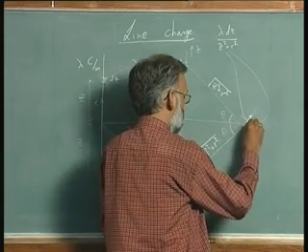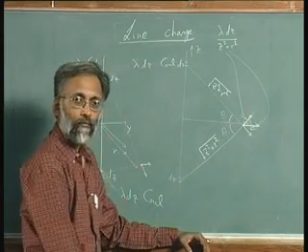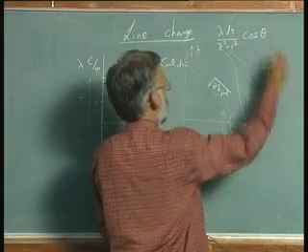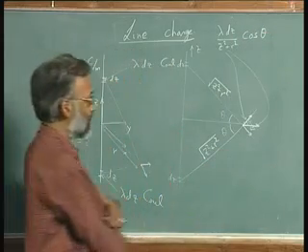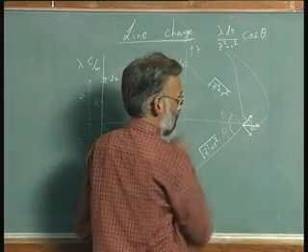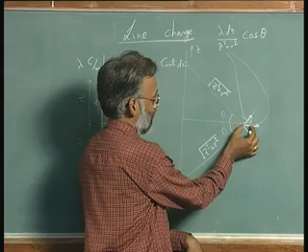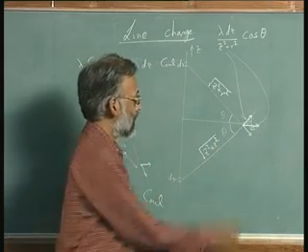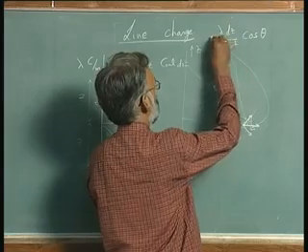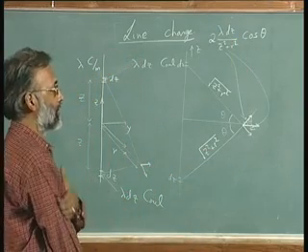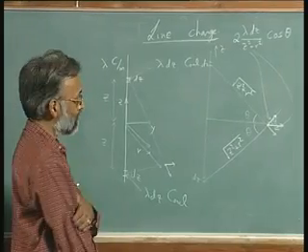This angle is also theta, so you have to multiply by cos theta, because cos theta is the horizontal component of these vectors. But there are two of them, so twice lambda dz over z squared plus r squared times cos theta.